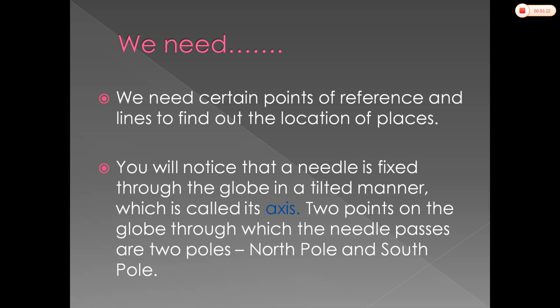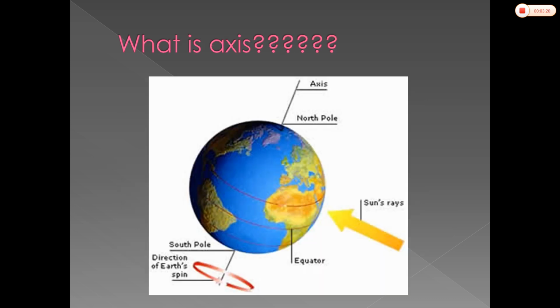The 2 points on the globe through which the needle passes are two poles that are called the North Pole and South Pole. This point is called the North Pole, and this point is called the South Pole. As you can see in this part, this is North Pole and this is South Pole. Through these 2 points, this needle is passing. This needle is actually called the axis.